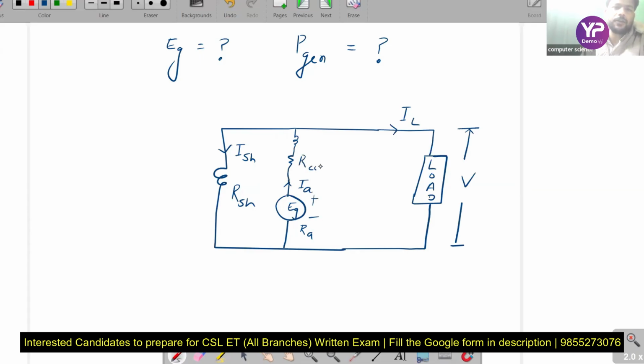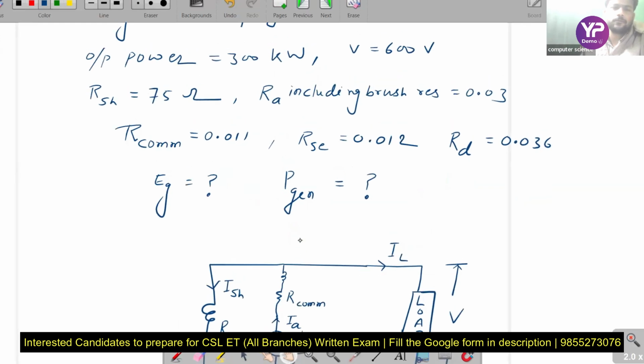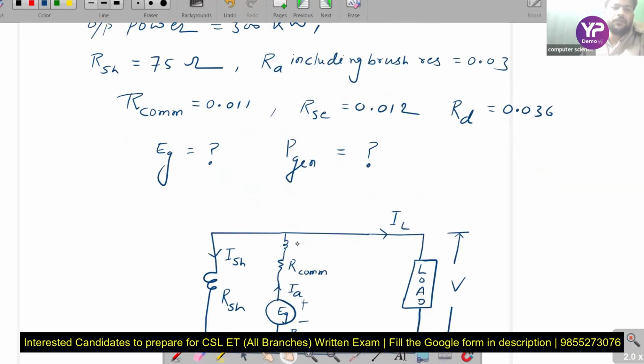And also here the diverter resistance is given. Diverter resistance is used to adjust the terminal voltage of the machine, and the diverter resistance is always connected across the series field winding.